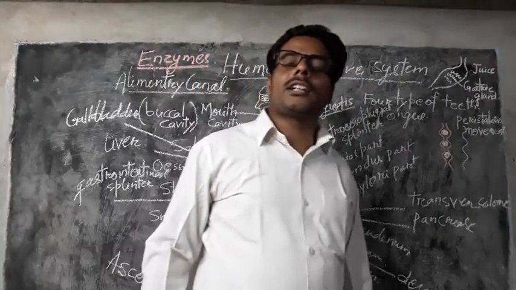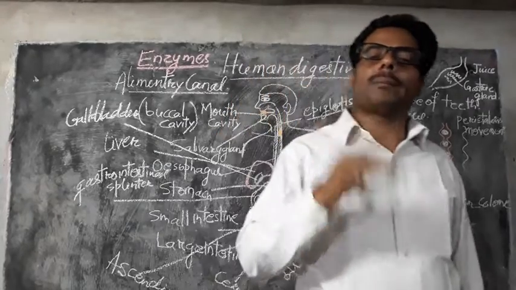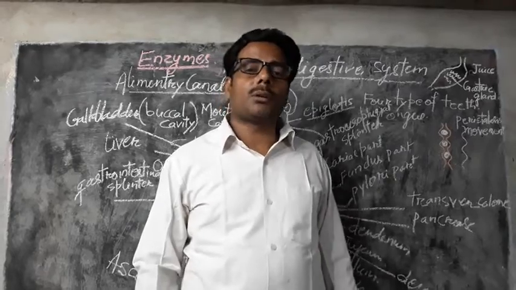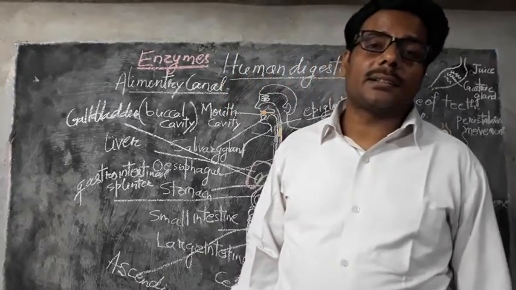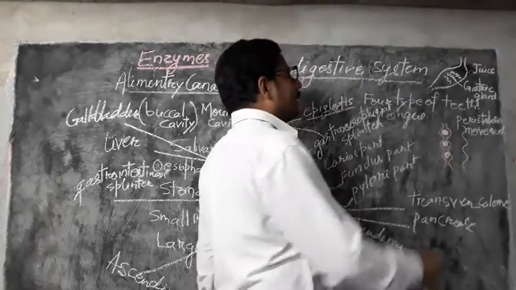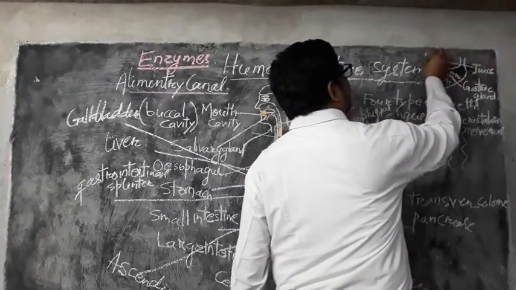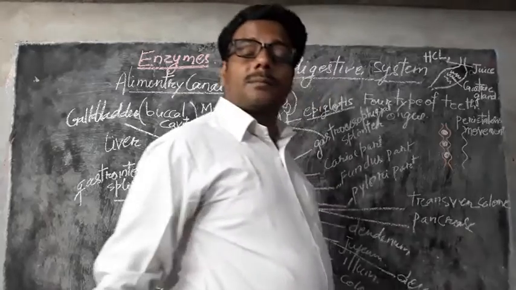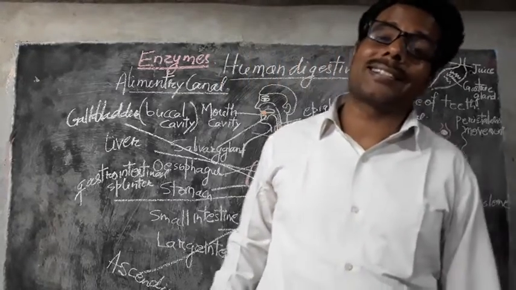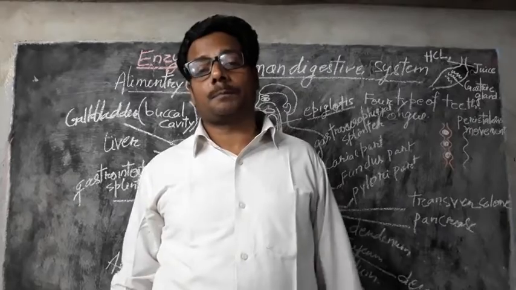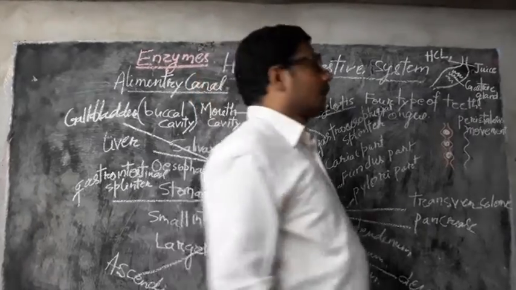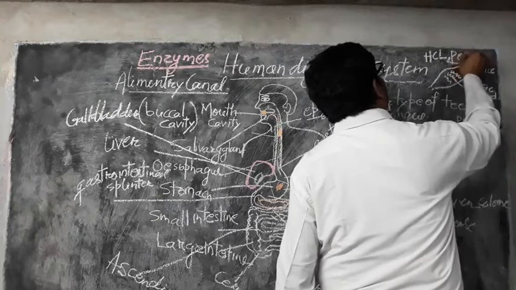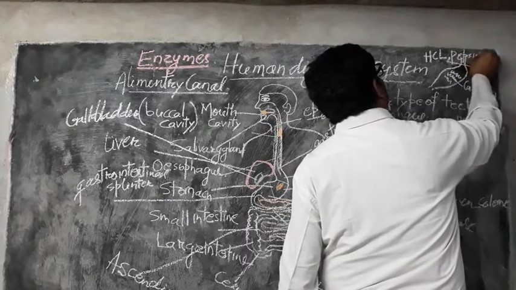The gastric gland is composed of three types of cells. Number one, parietal cell. Parietal cell secretes HCl. And thereafter, chief cell or zymogenic cell secretes pepsinogen.